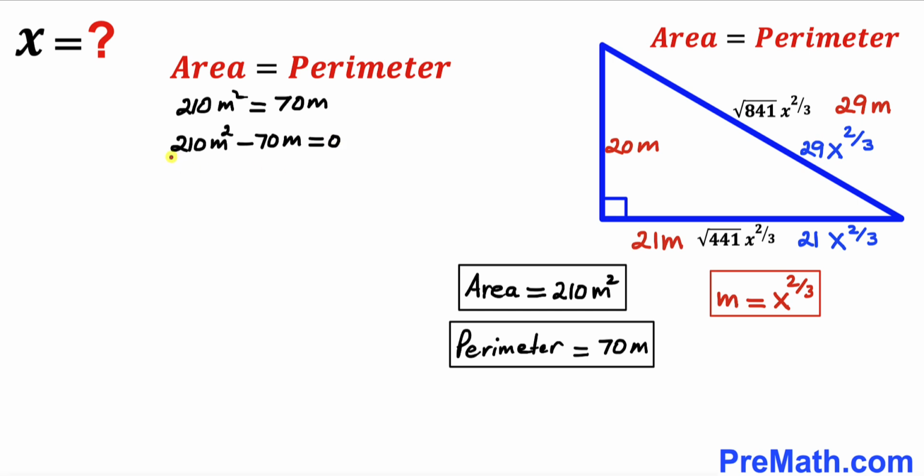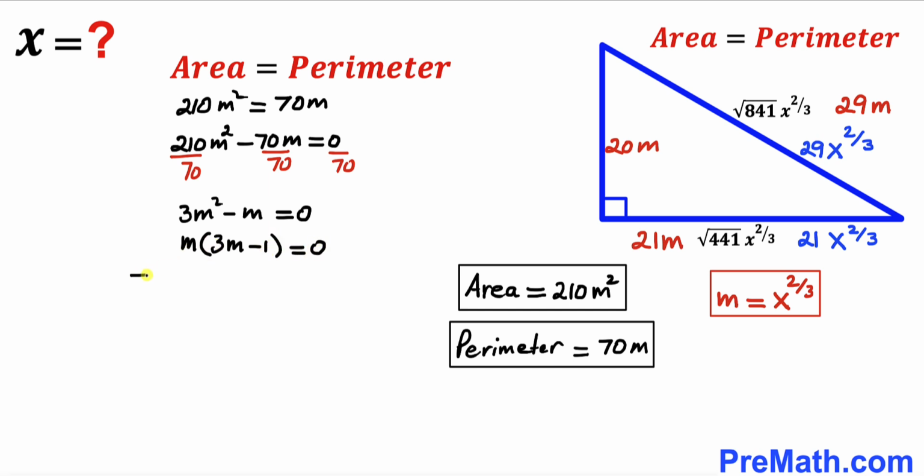All terms are divisible by 70, so this equation simply becomes 3m square minus m equal to 0. Now m can be factored out, so we got m times 3m minus 1 equal to 0.